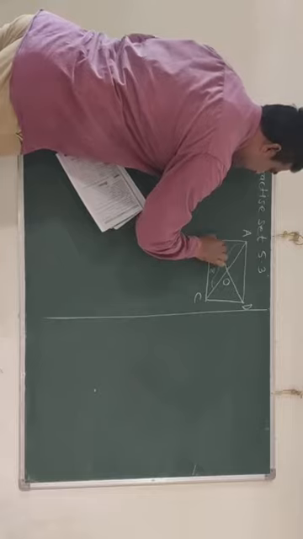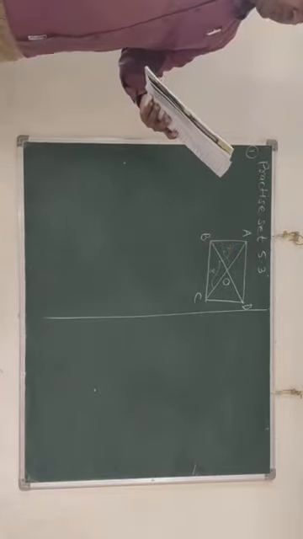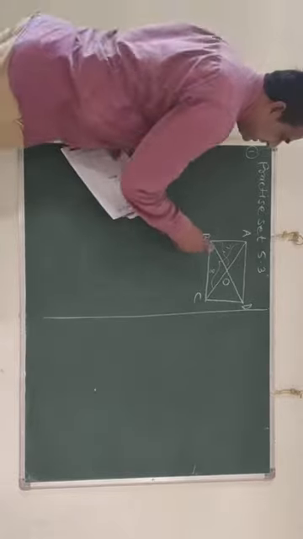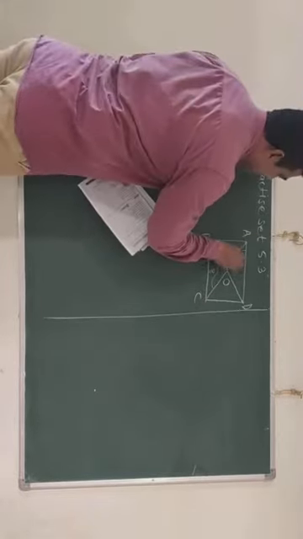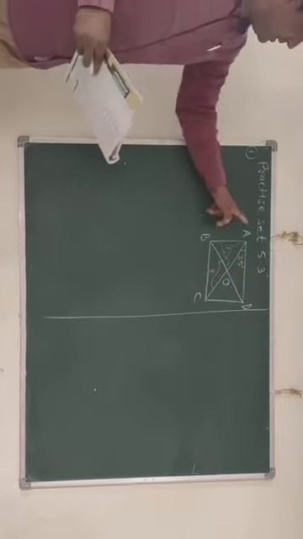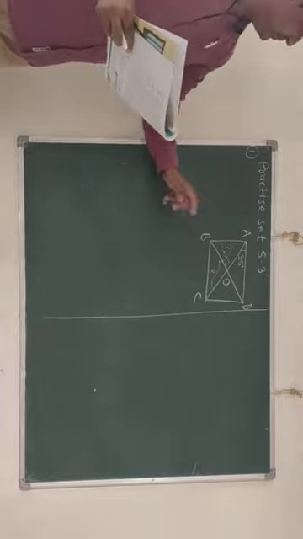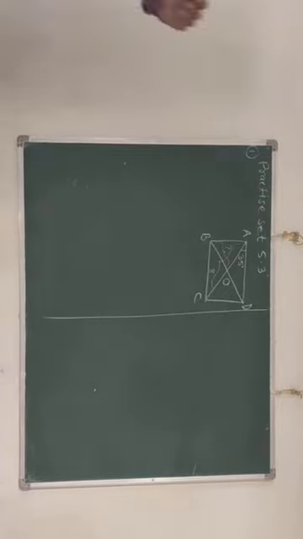Find out this portion. And then you have angle CAD, this angle, has the measurement 35 degrees. Find the measurement of angle ACB. CAD is 35; you want to find out angle ACB. Now, one by one, let's start.